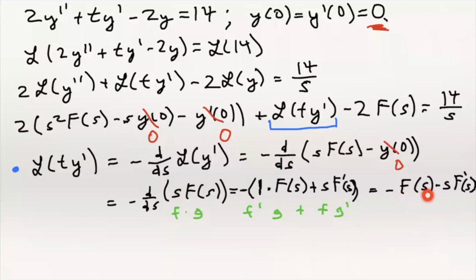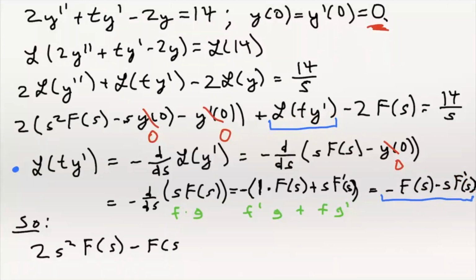So we have negative F of s minus s times F prime of s. So that is what that Laplace transform is. So after we take the Laplace transform of both sides, we'll have s squared F of s minus F of s minus s times F prime of s minus 2F of s is 14 over s.